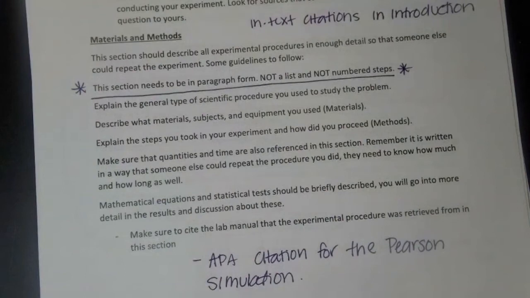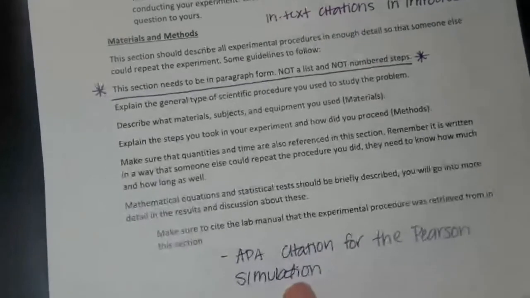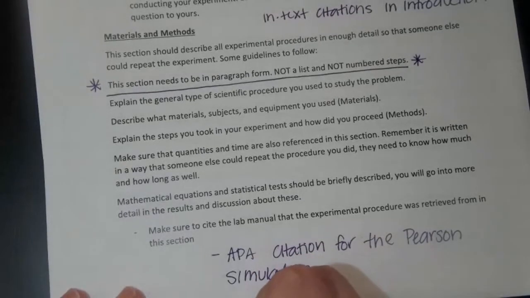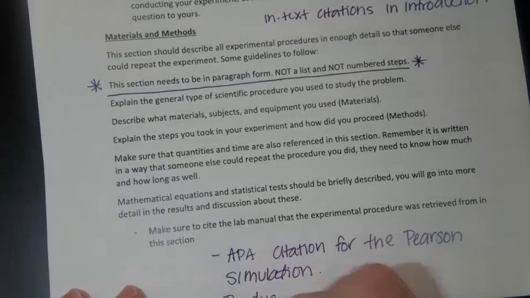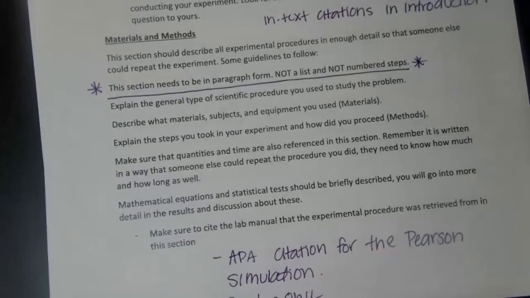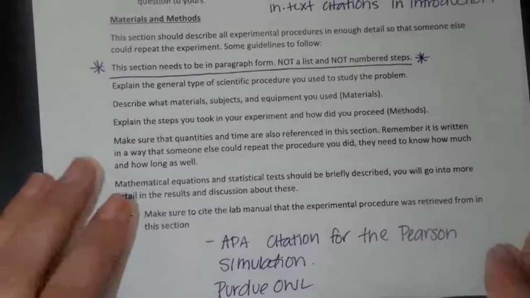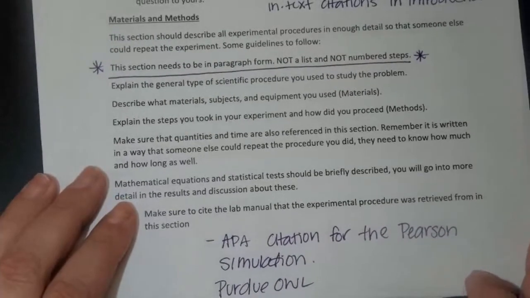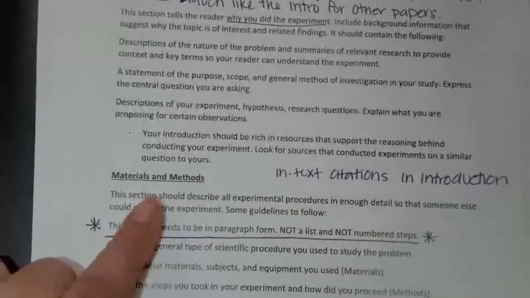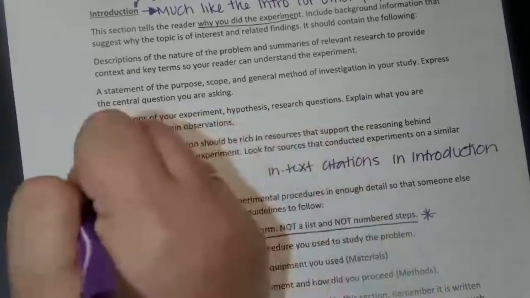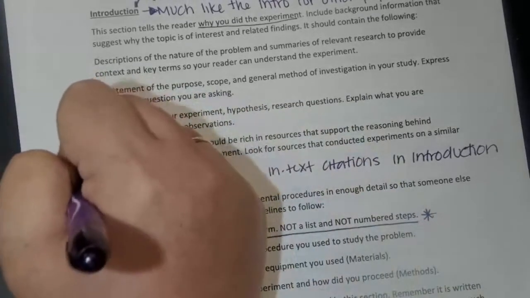There are lots of resources online that help with formatting these citations. Make sure it's in APA format. Purdue OWL has a good writing lab, and I will make sure that you have access to that so you can get help if you need it. Materials and methods: some people break it apart, but this is one section. They all go together.